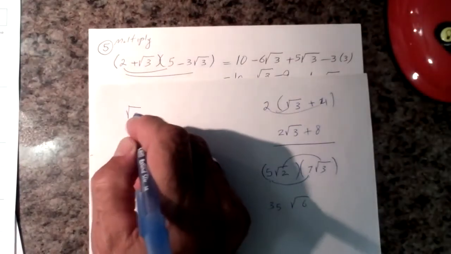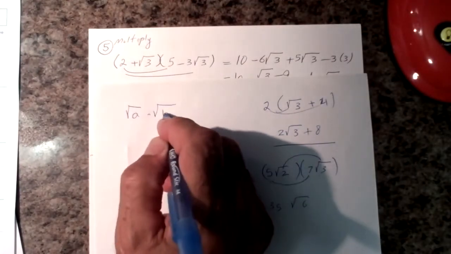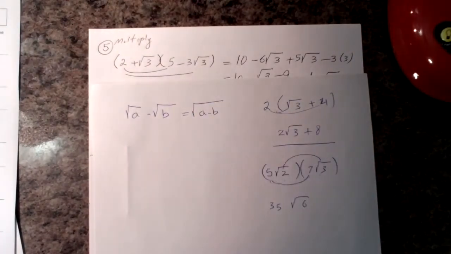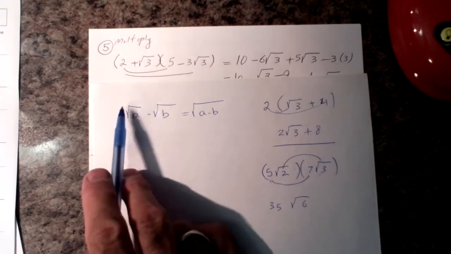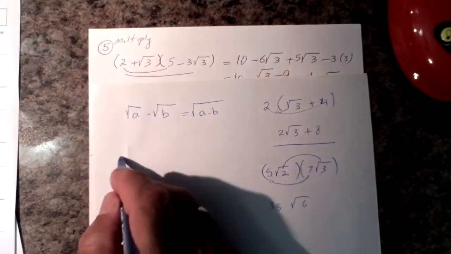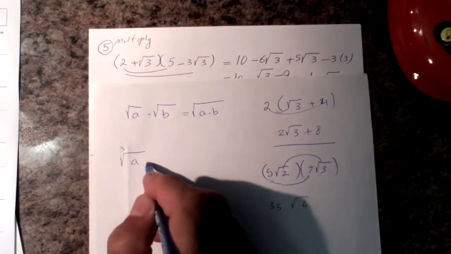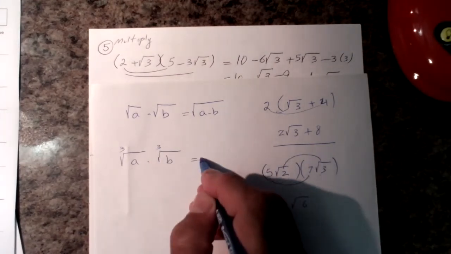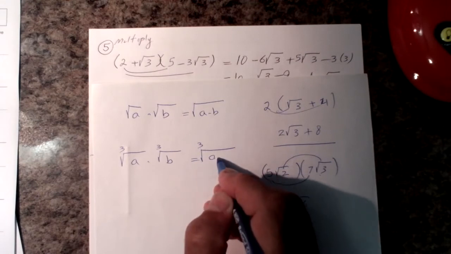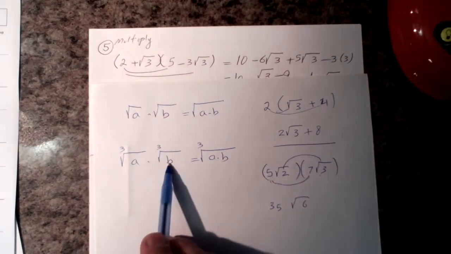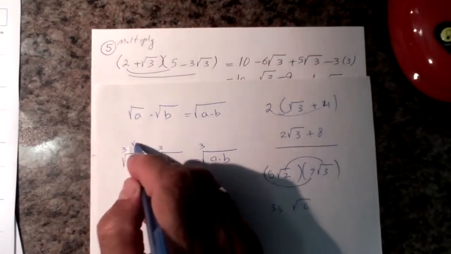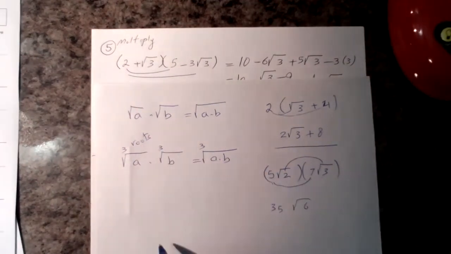So radical A times radical B, you could combine into one radical and write it as radical AB, as long as the roots are the same. Remember, both are 2 here. If I have cube root of A times cube root of B, then that would be cube root of AB. So you could combine 2 radicals as long as they both have the same roots. The roots are supposed to be equal. Okay?